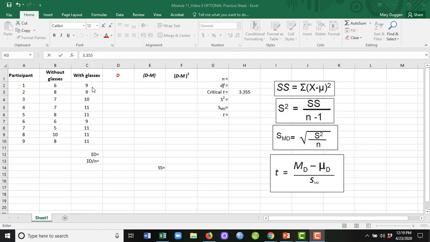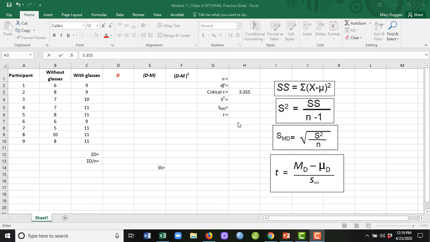And so what I'm going to do, because order matters in my interpretation, I'm going to take the second group and subtract the first group. And if the second group has higher ratings than the first group, that means my difference score will be positive. And I can interpret that to mean glasses are rated more favorably.